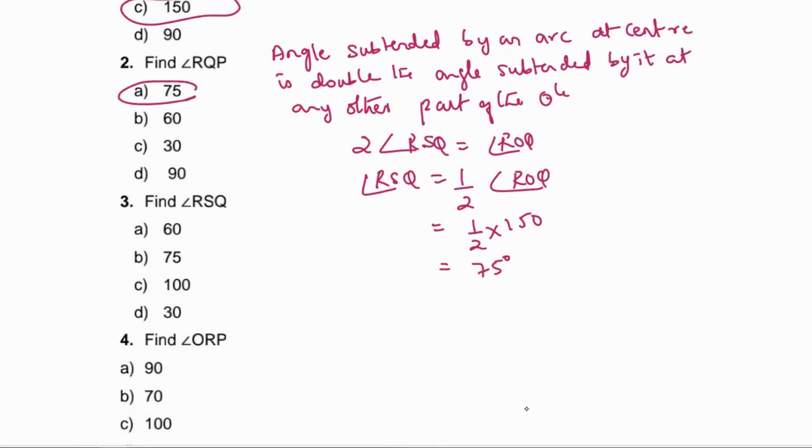So yeah, here we found RSQ is 75 degrees. Then what will be RQP? We will find RQP. So yeah, that is for the third one. Now what is the second one? In the second one, we have to find RQP. What will be RQP?